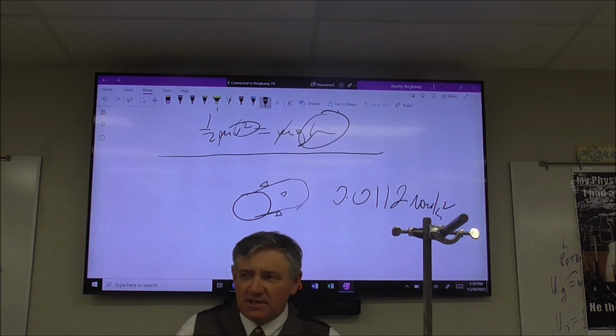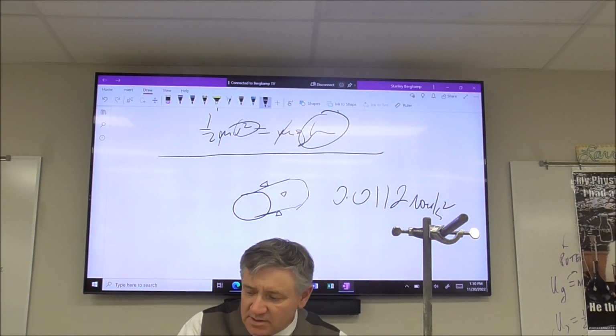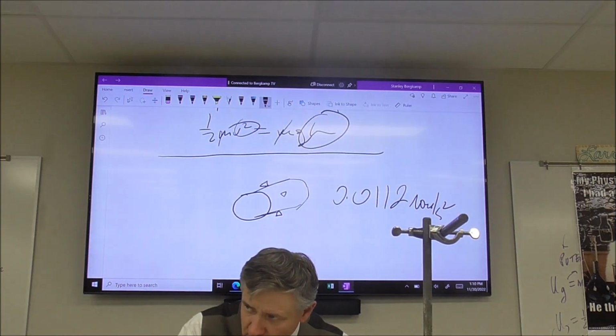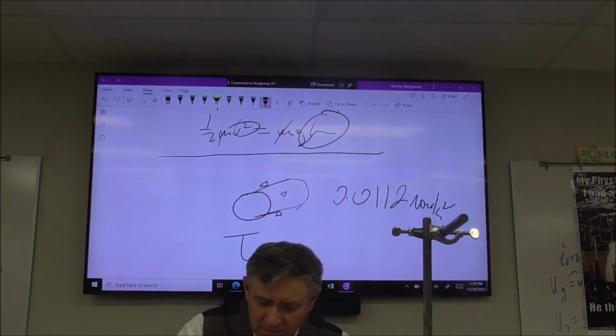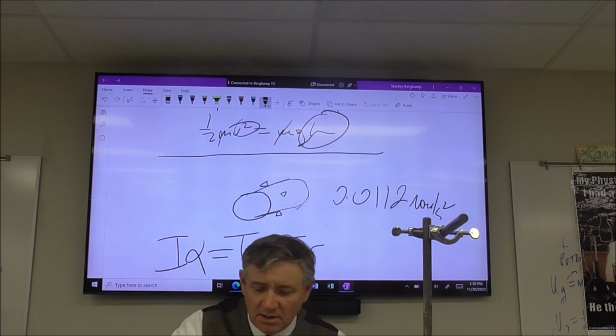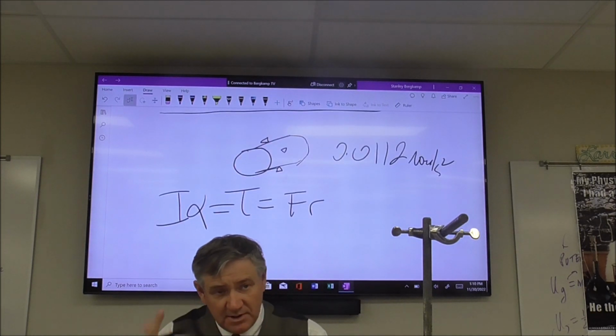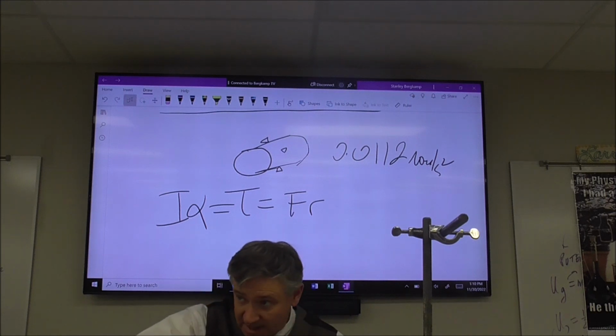When you get to B, you want to calculate how much force is exerted from each rocket engine. So you've got to go torque equals two things. It equals force times radius. It equals I alpha. So you've got to calculate the moment of inertia of the satellite as it's rolling on its axis, a cylinder.